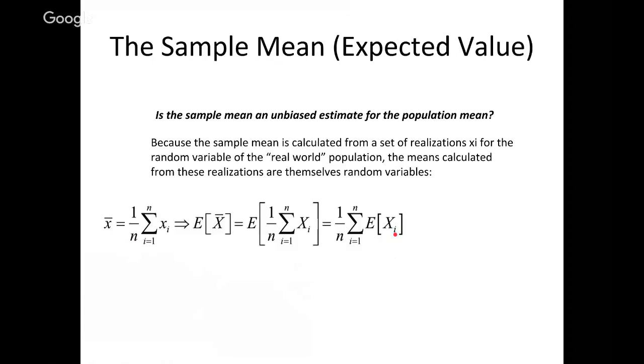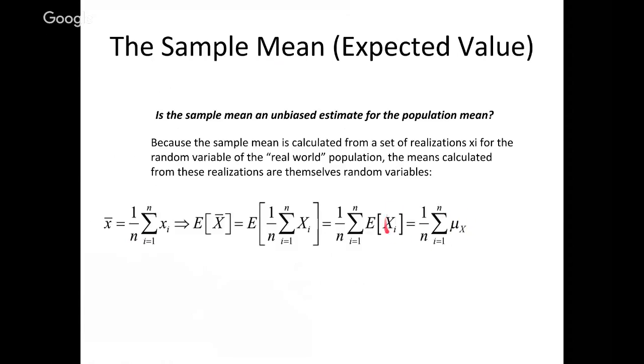Now, if you're sampling the same population every time you collect a sample and analyze it, then you're taking the expected value of the random variable for your samples, which of course by definition is the population mean.